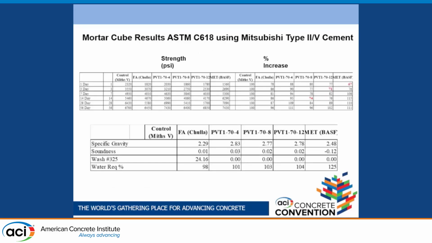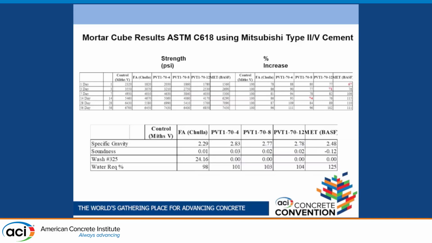I'm going to talk about this first. This is some mortar cube ASTM 618 testing using Type 2.5 Mitsubishi cement from the Cushenbury, California plant. Here we did the 4, 8, and 12 micron D50 side by side with the fly ash and the metakaolin from BASF.